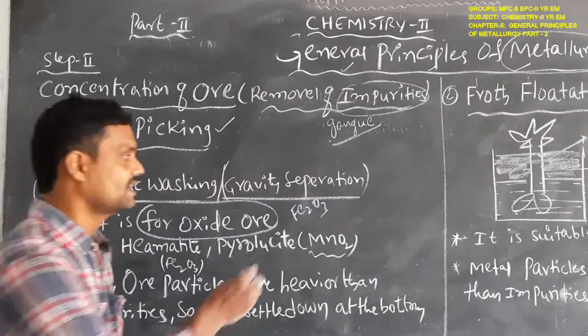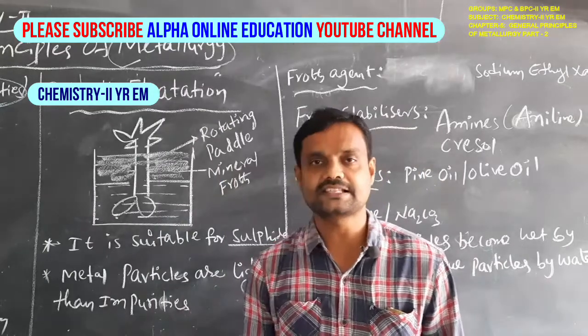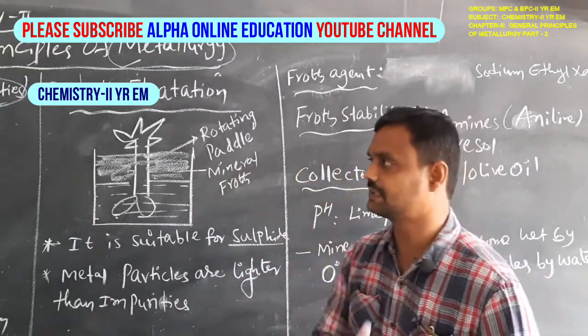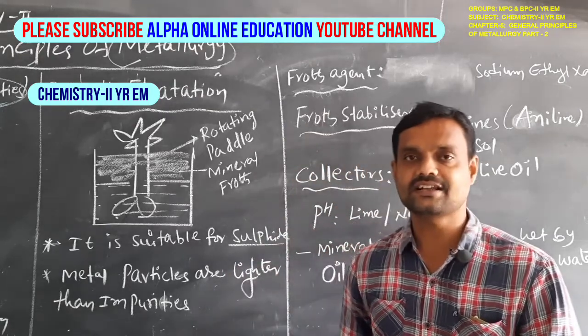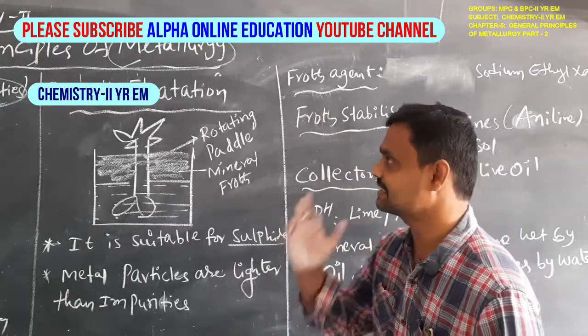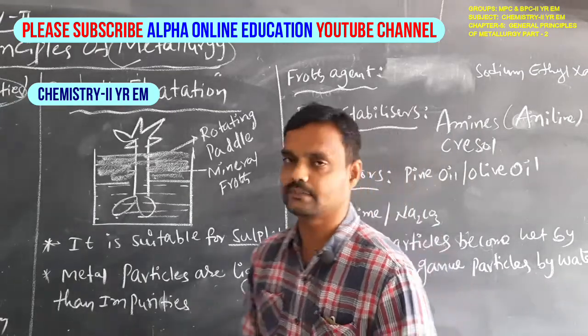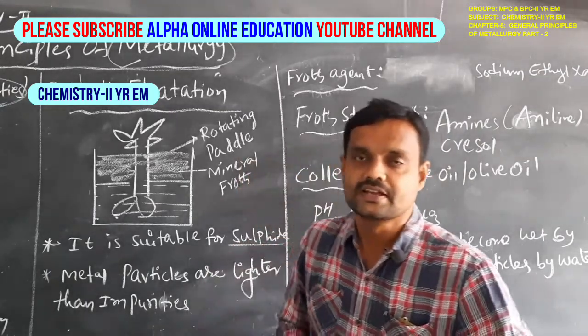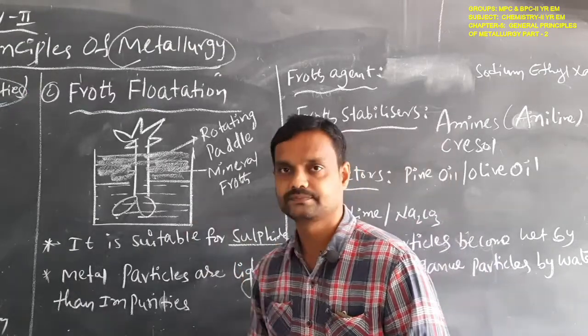Okay students, this is the hydraulic washing or gravity separation method, the second method in the concentration of ore. Another method is the froth flotation process. Simple, students. In the froth flotation process, we take one vessel.